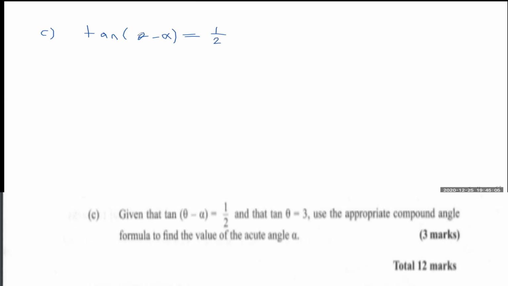Now this is the tan of A minus B. Tan of A minus B is equal to, so this implies tan of theta minus alpha is equal to tan theta minus tan alpha over 1 minus tan theta times tan alpha.